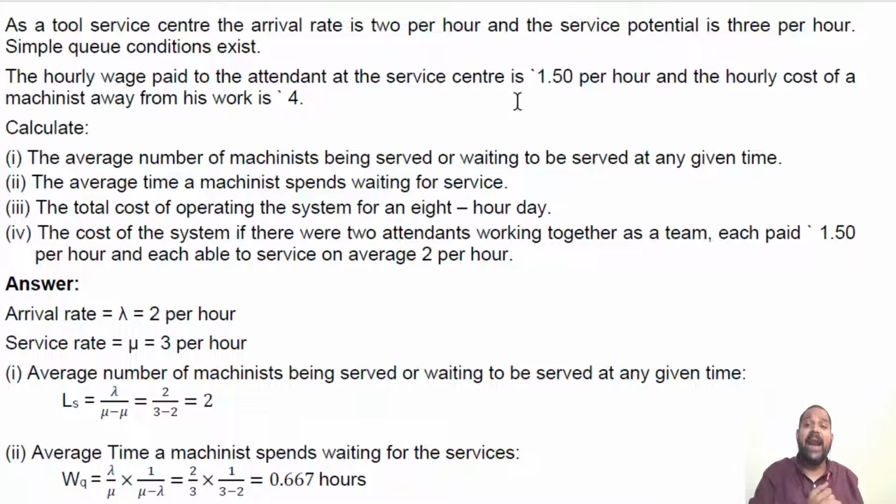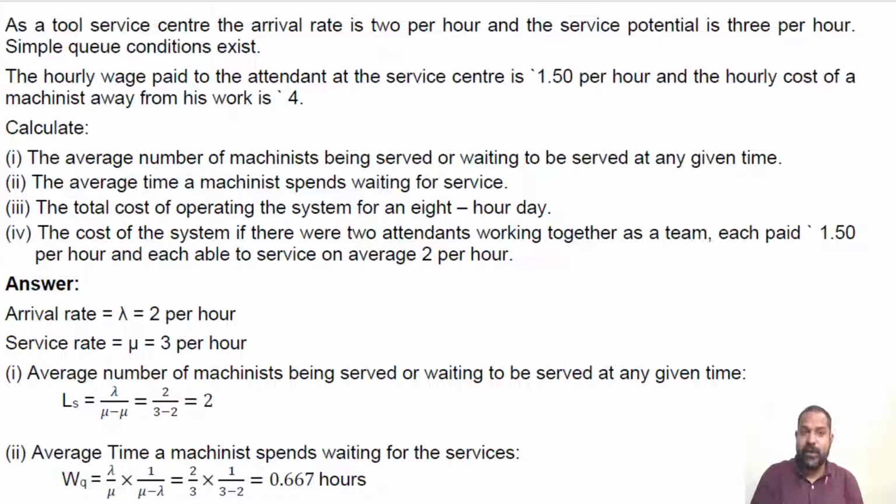See, if a machinist, which is basically my worker, wants something and he comes to the tool shed, isn't he wasting time? Or basically, am I going to deduct his salary for that? I can't. So I have to pay him for that. So if he is waiting in the tool shed, I am still paying him salary for that. So the more time he waits in the tool shed, the more time I have to pay him for extra, or I have to pay him for no reason.